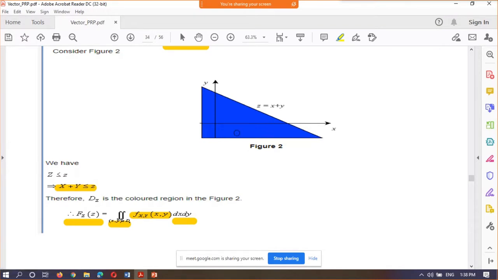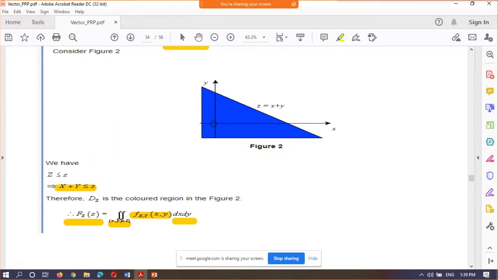Here they say this colored region is the domain of z, but it is not exactly like that, because they are not able to plot this infinite domain. It is actually the whole infinite region below this line, unless we have a condition like x greater than 0 and y greater than 0, but that is not the situation here.